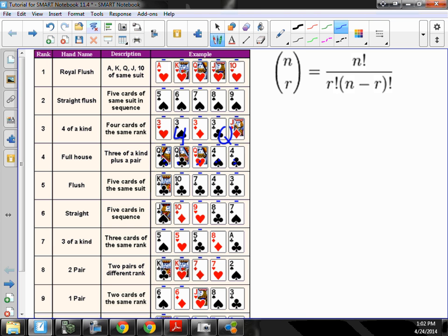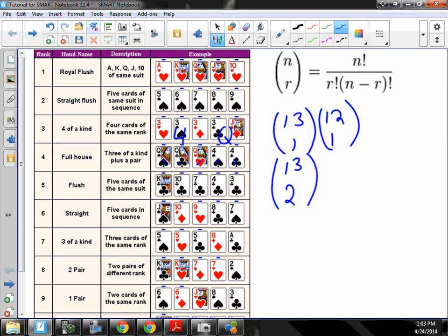Yeah, so 3 and 2, that's a full house. So if switching it changes, then we pick the numbers separately. So I have the option of 13 choose 1, 12 choose 1, or 13 choose 2. Right.